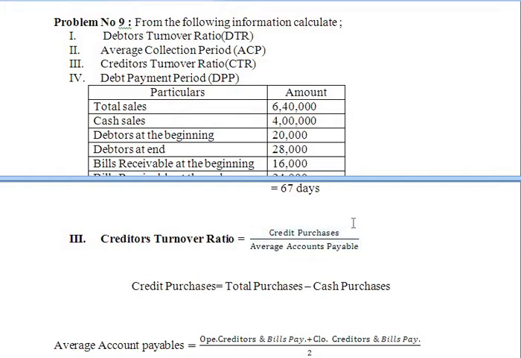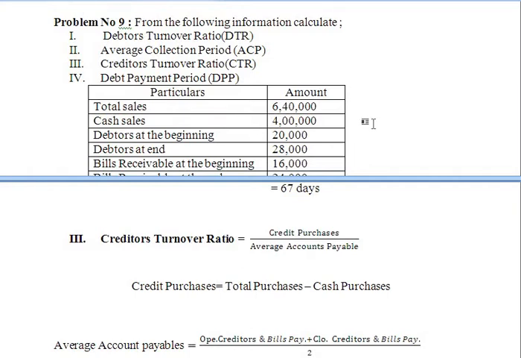First we'll calculate credit purchases. To calculate credit purchases, any two of these three pieces of information we should know, then only we can find out the third one. Now here we know the amount of total purchases.